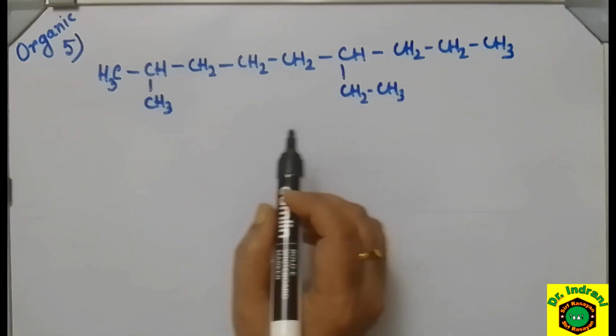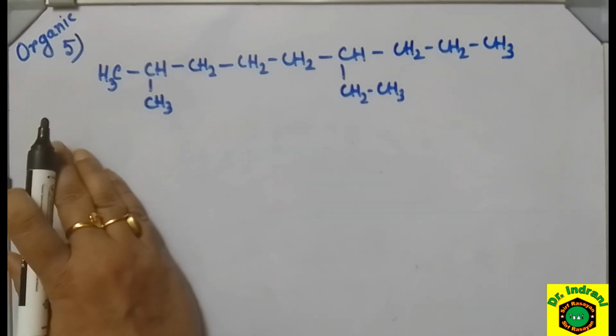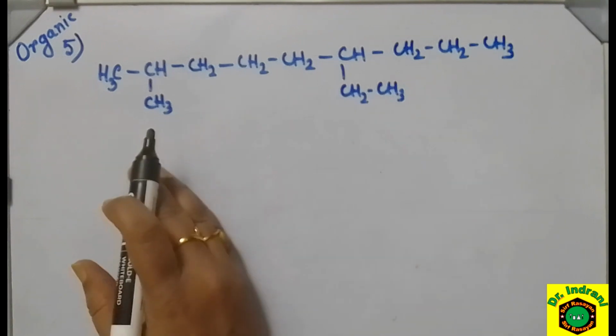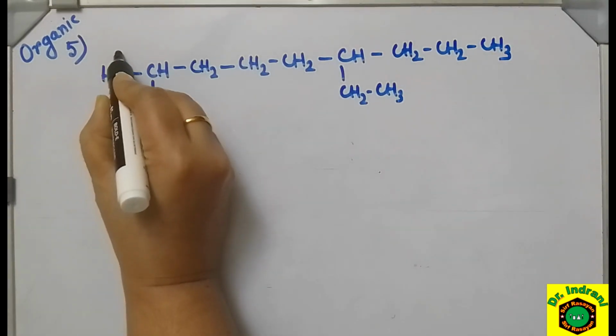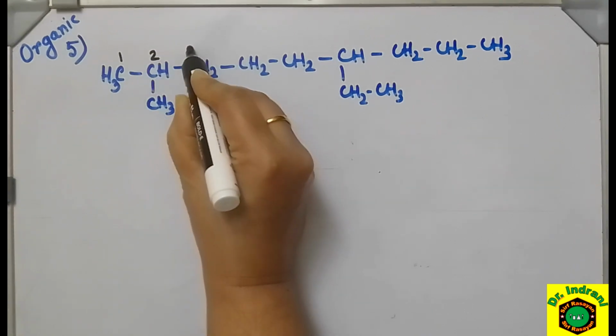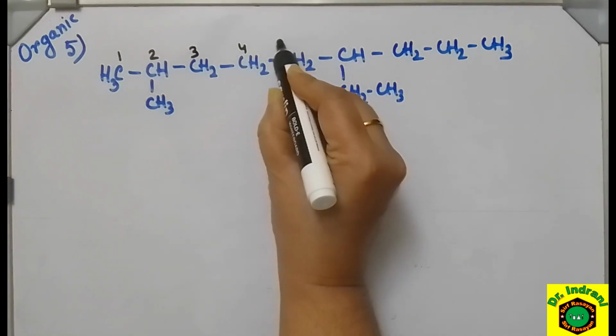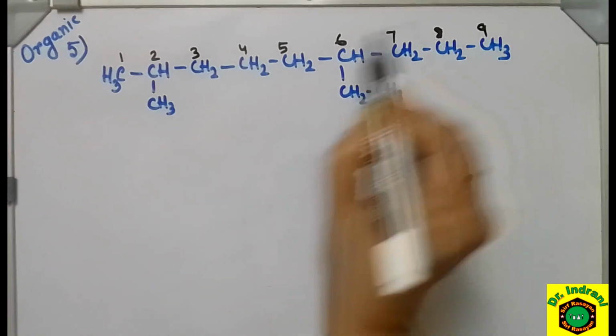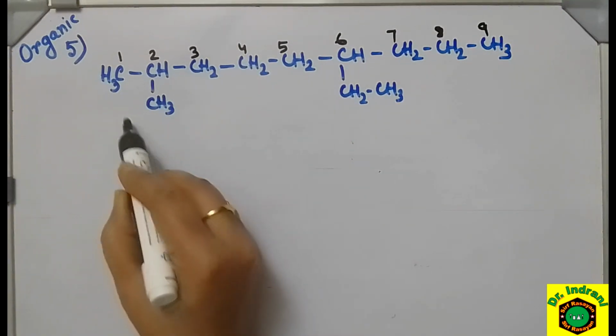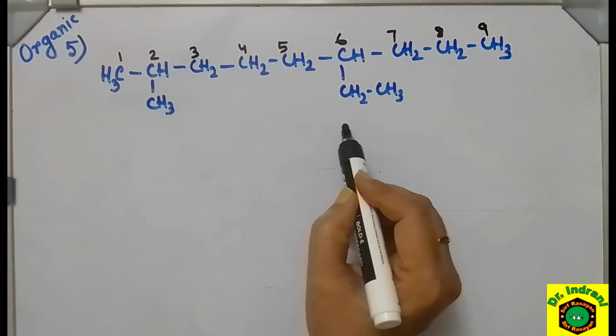Now we have to do numbering. We can do numbering from left to right or right to left. So which one will be correct? We have to see. Now see, this carbon is 1, this is 2, this is 3, this is 4, this is 5, 6, 7, 8, 9. Here methyl substituent is there. This is ethyl substituent.